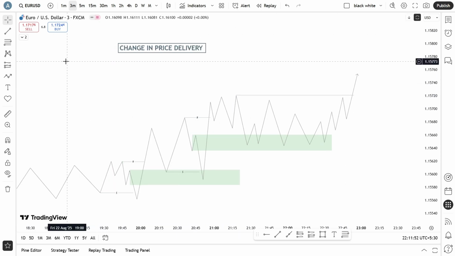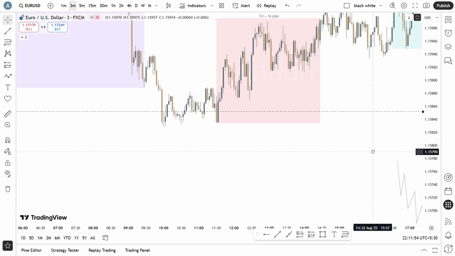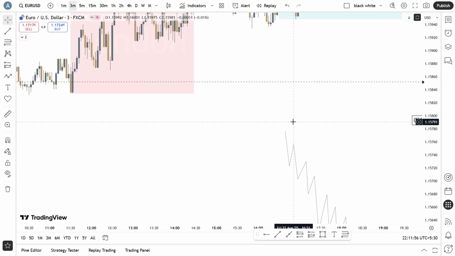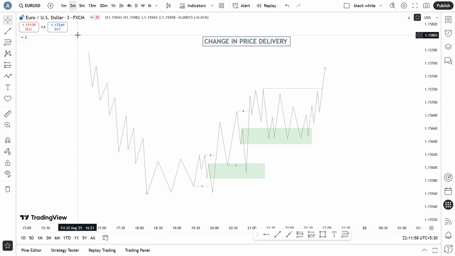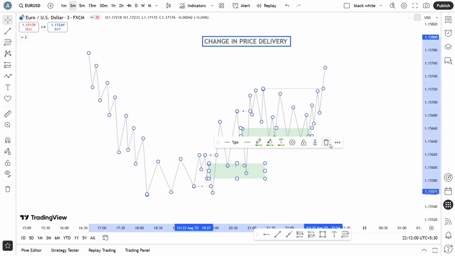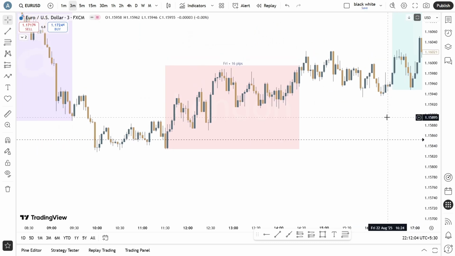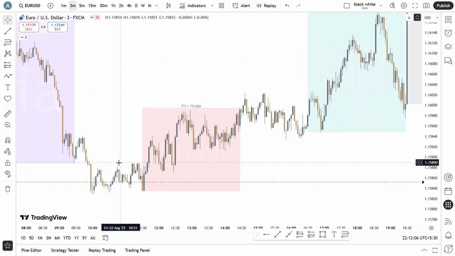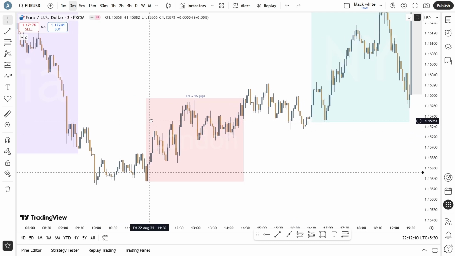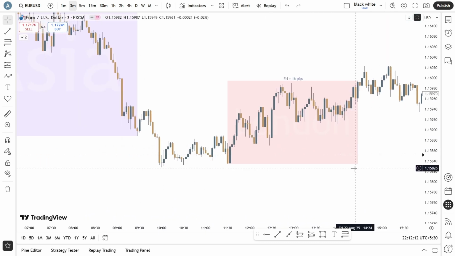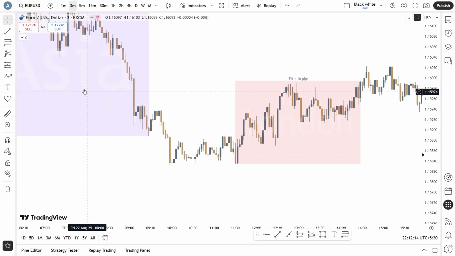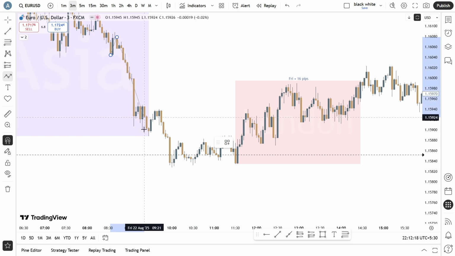Now, I'll be taking you to the chart. Let's delete it for now. So, this is the chart of the last day of the week. Seems similar, right? Let's see how things went. The price was coming down. It came to the support zone actually.